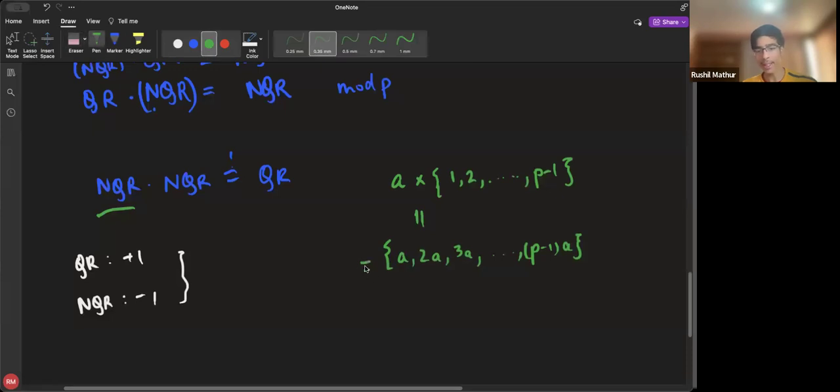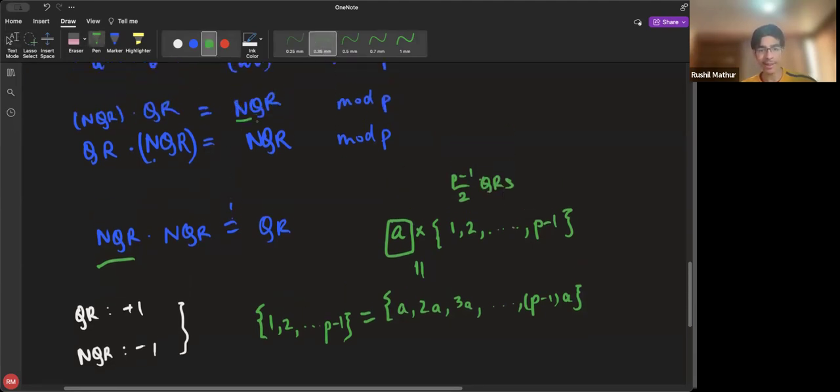And because there are exactly p minus 1 of them, this should be 1, 2, 3 till p minus 1. But the point I'm trying to raise is that when you multiply this NQR with the (p minus 1)/2 QRs, they should lead to (p minus 1)/2 NQRs, because NQR times QR is NQR.